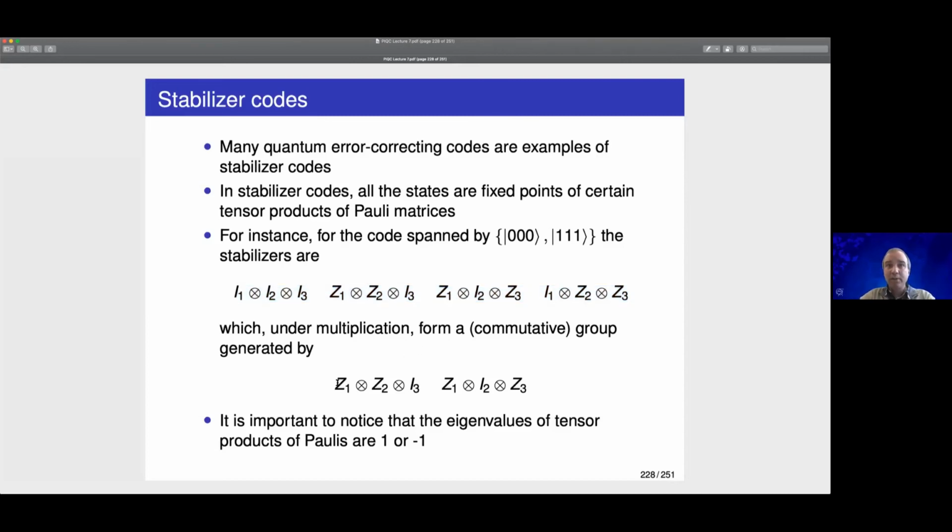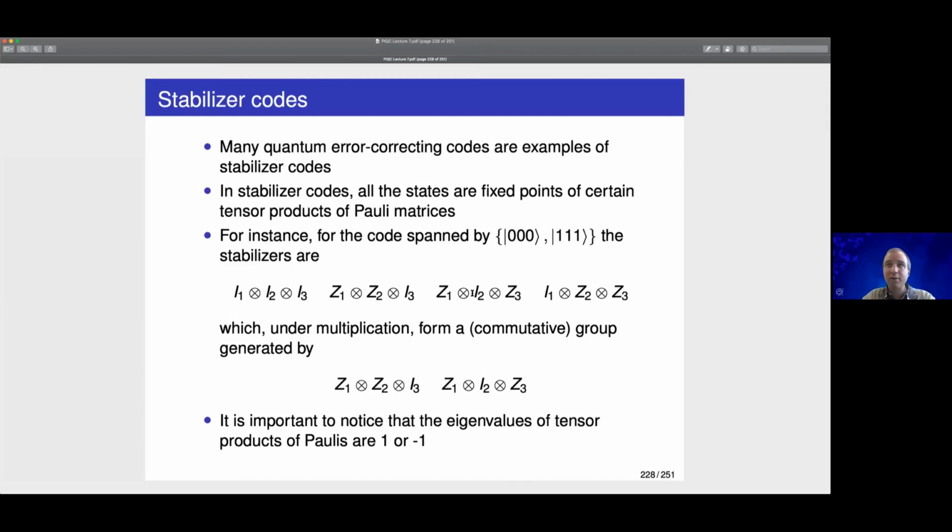And also you can see that if you only consider these two operations, by multiplication, you can generate the others, okay? In fact, these operations here form a commutative group, an abelian group, and they are generated by these operations here. And it's also important to notice that these operations here always have eigenvalues which are either 1 or -1.